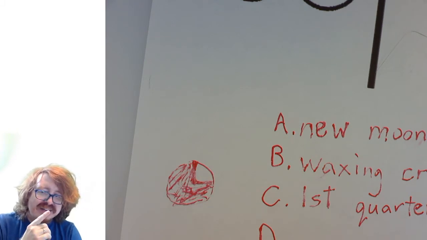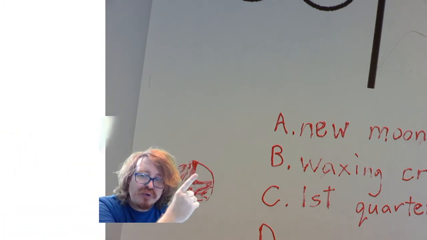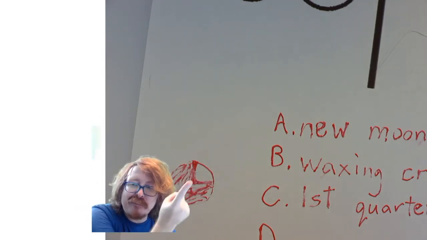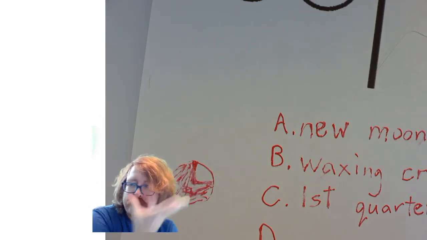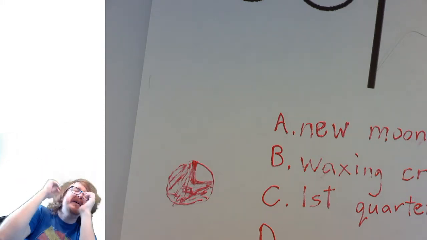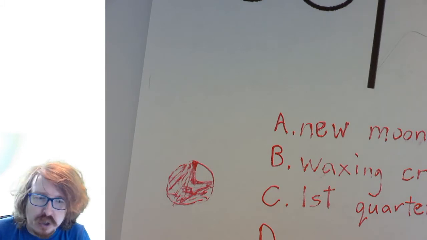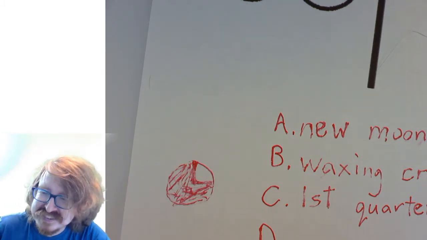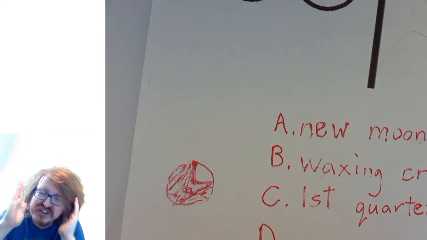This moon would look like a triangle. And some people will draw this part lit up instead of that part, and it'll look like Pac-Man. No. You have never seen the moon look like that. Sorry.